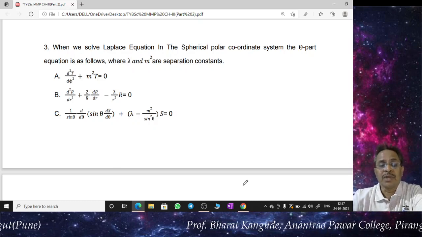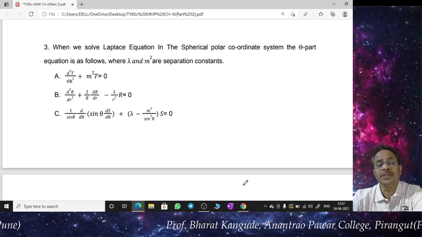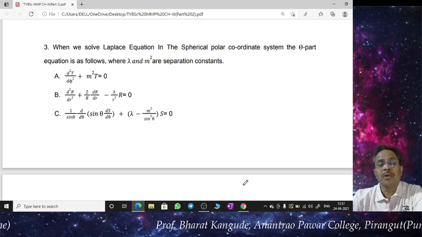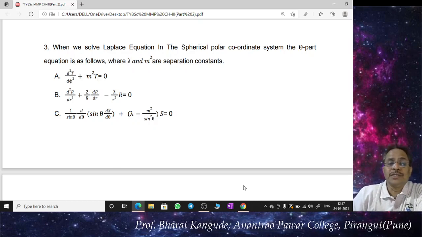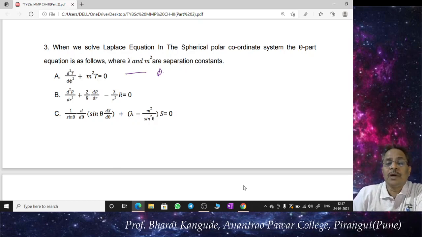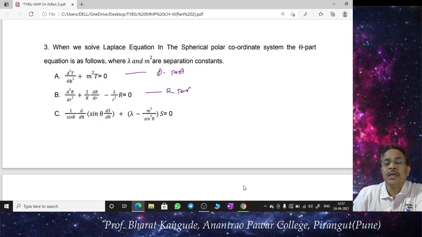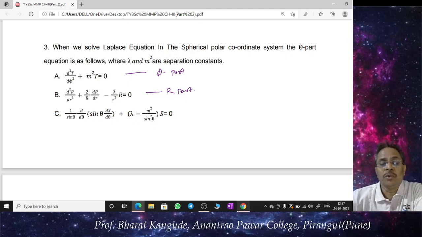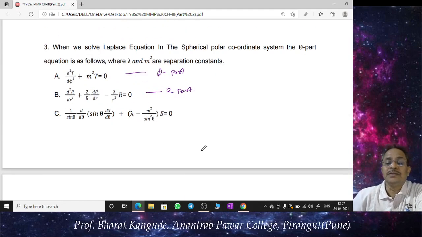B, that is d square R upon dr square plus 2 upon r into d capital R upon d small r minus lambda upon r square into capital R is equal to 0. We have already seen that this is the r-part equation, and naturally out of these given options, option 4 is none of these, so option C is nothing but your theta part equation.